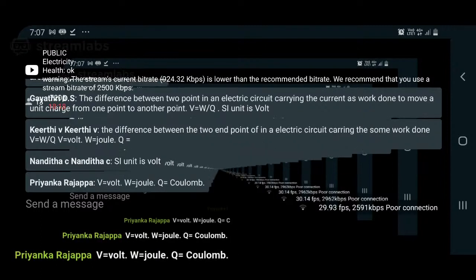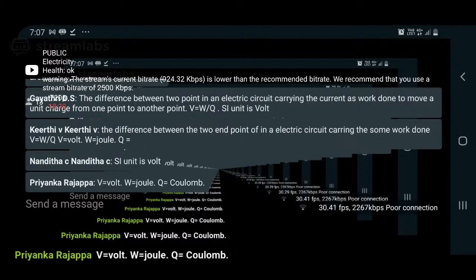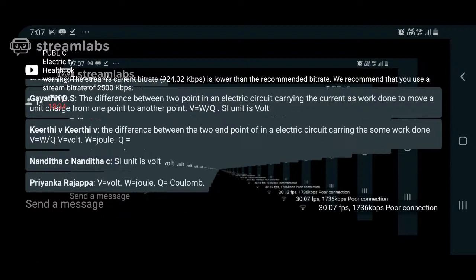Okay. Now, what is Ohm's law? Give the formula and its SI units. What is Ohm's law? Give the formula and its SI units. Yeah, Priyanka.